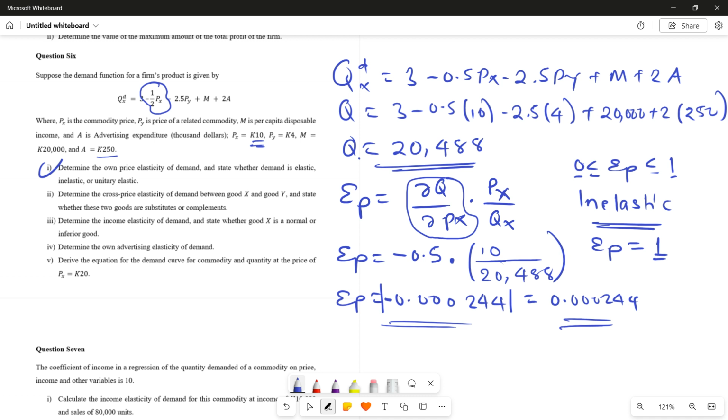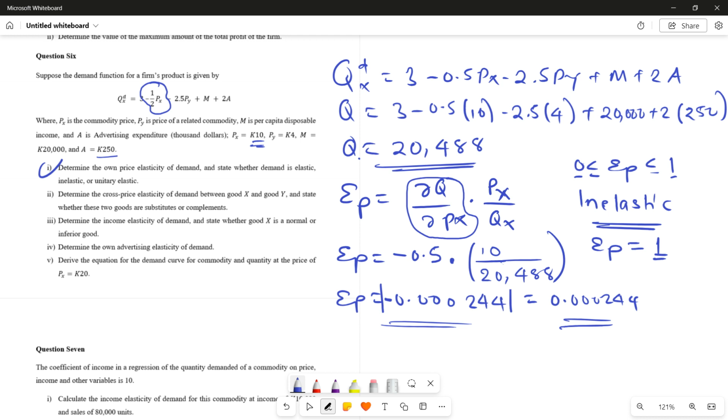Quantity demanded will also fall by 10%. It's unit. It's going 1 for 1. Whatever you do on price, you increase price by, let's say, 5%, demand will also fall by the same margin, 5%. No wonder it's unitary.